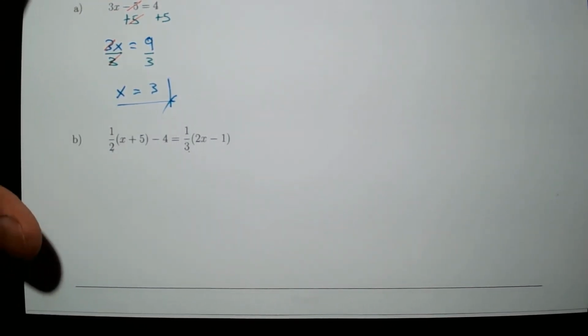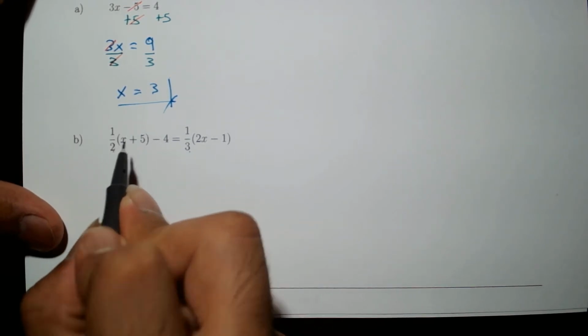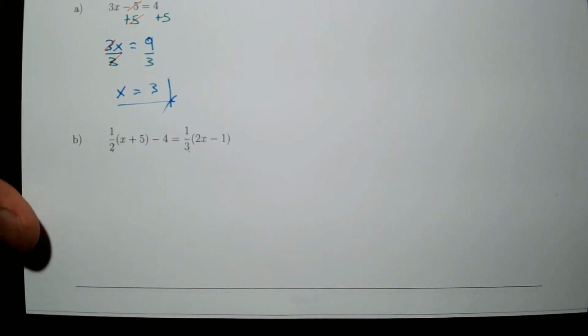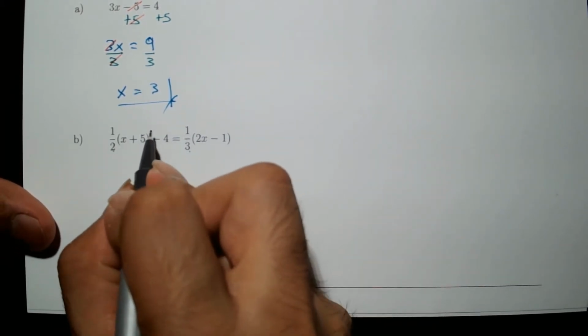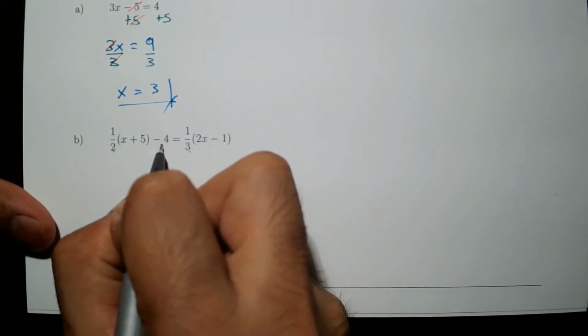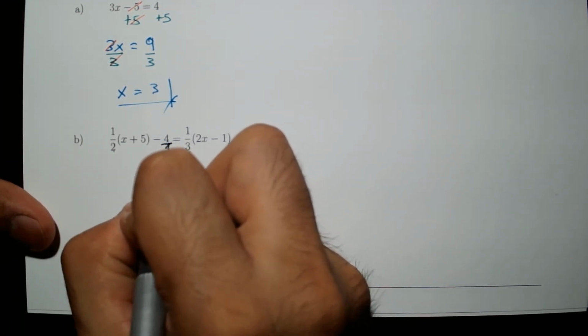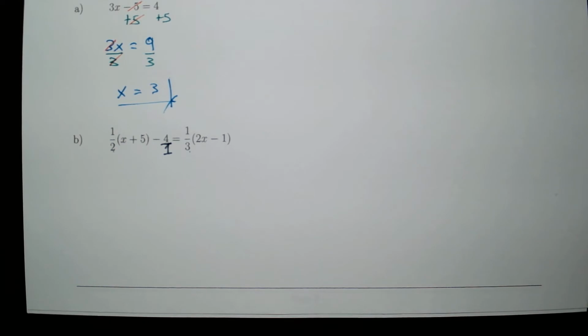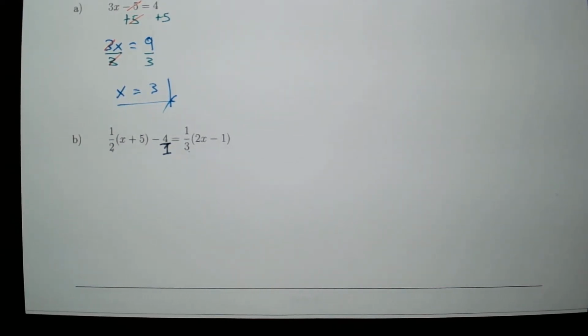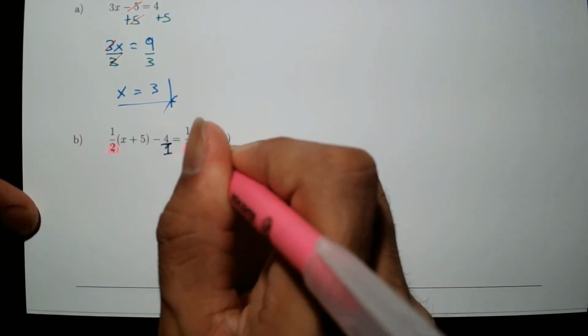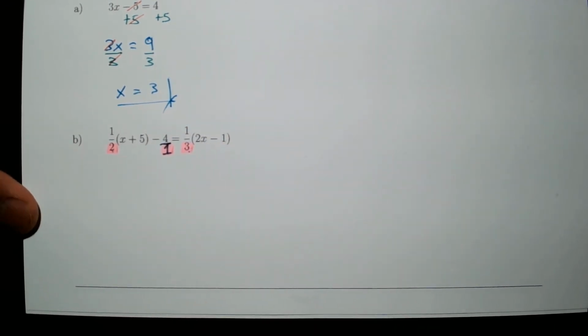Okay, so first of all, we have a fraction times an algebraic expression, another fraction times an algebraic expression. Now look at this negative 4. This negative 4 can be viewed as 4 over 1. Now that we have this, you might want to highlight all the denominators so you can find the least common denominator.